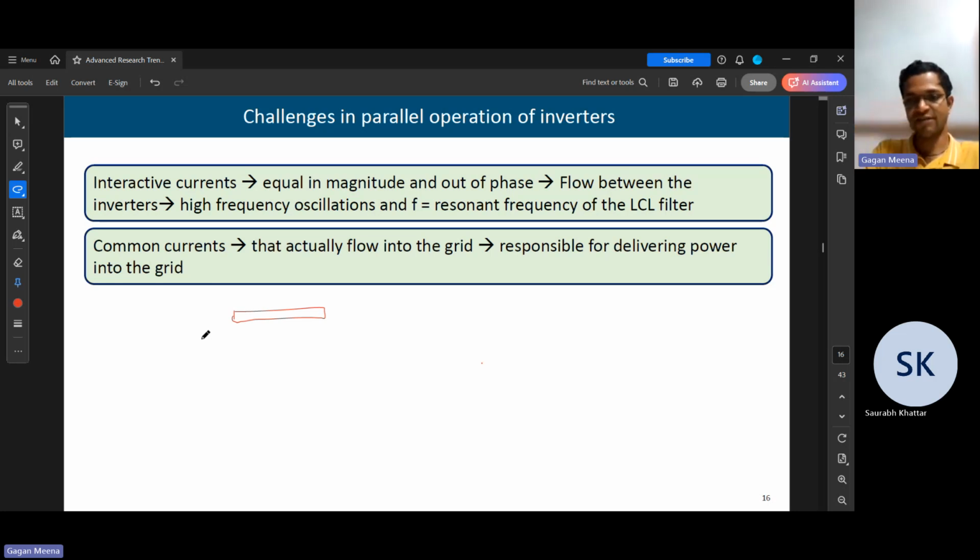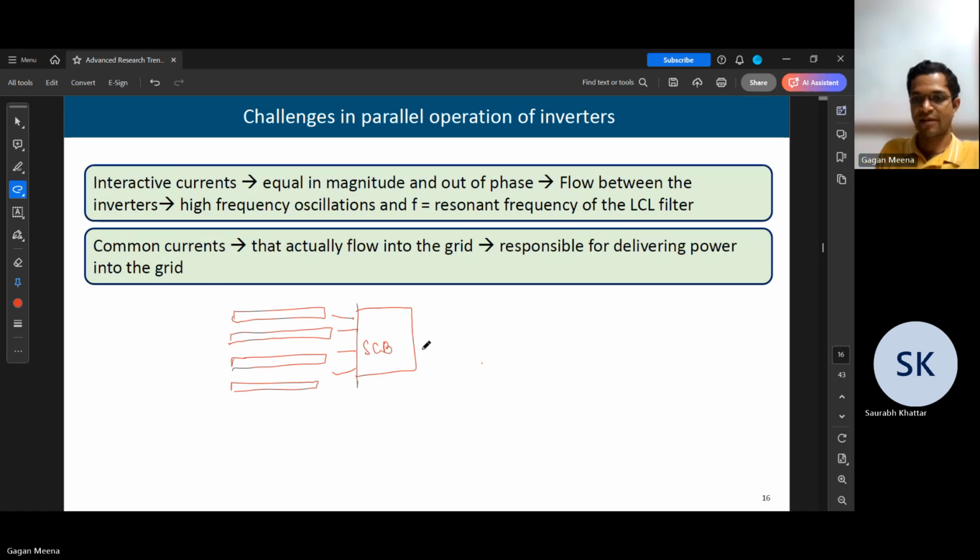One string has many arrays, and there are several such strings in parallel, and they have one combiner box, which is called a string combiner box. And we have an inverter here and a transformer here. Similarly, we have other strings also. So these are in parallel.